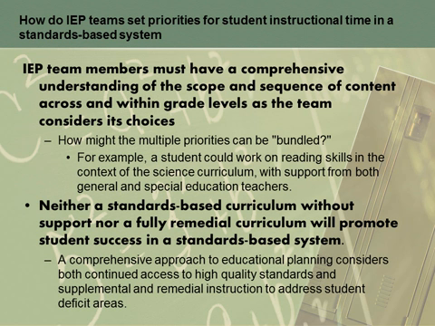So one of the ways that they deal with this is to bundle multiple priorities. For example, a student could work on reading skills within the context of science with support from both general and special education teachers through vocabulary, word definition, and sentence construction and comprehension work.